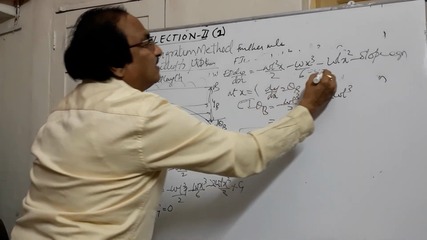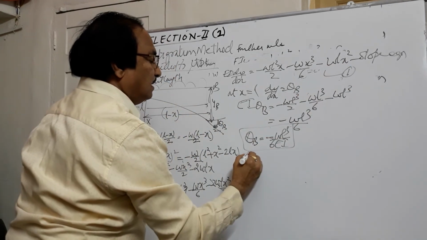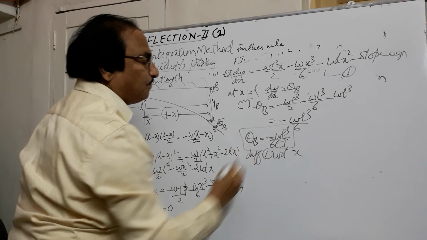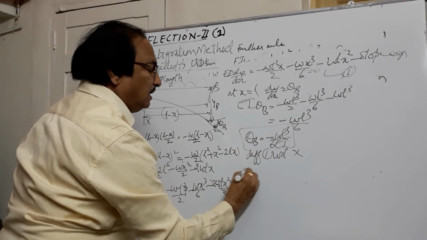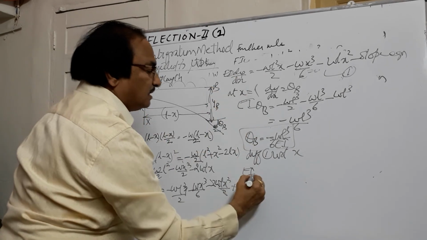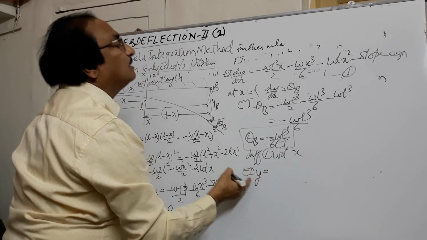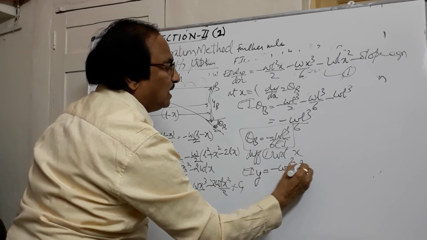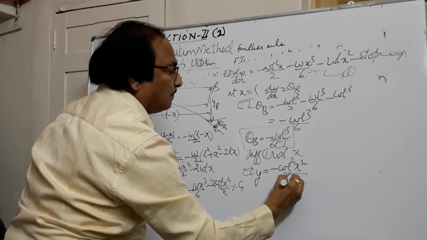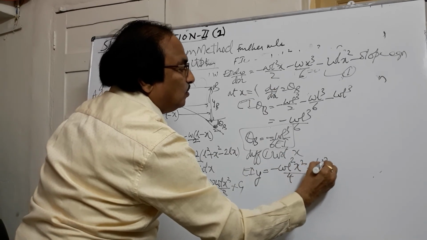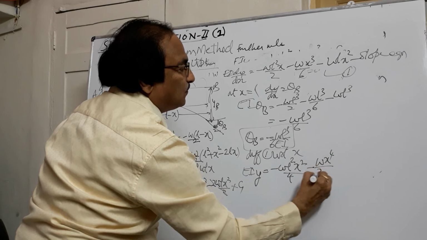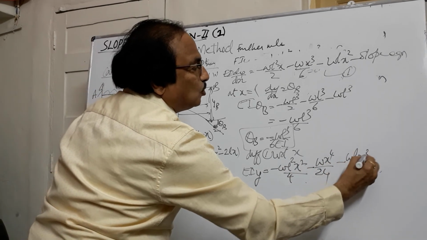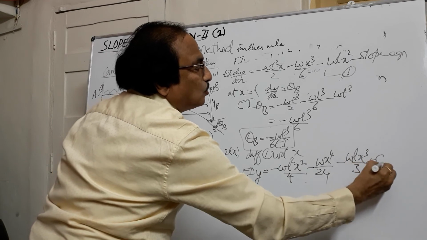Likewise, if I integrate this equation once again with respect to x, then EI dy by dx will become EI y. Y is nothing but deflection: minus WL square x square by 4 minus Wx raised to 4 by 6 into 4, that is 24, minus WLx cube by 3, plus C2.